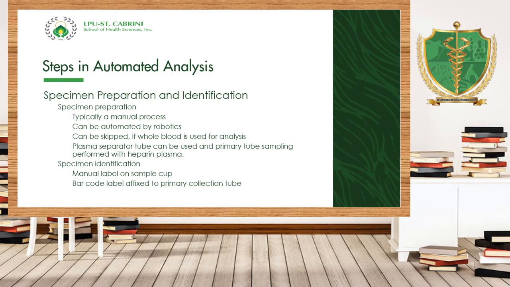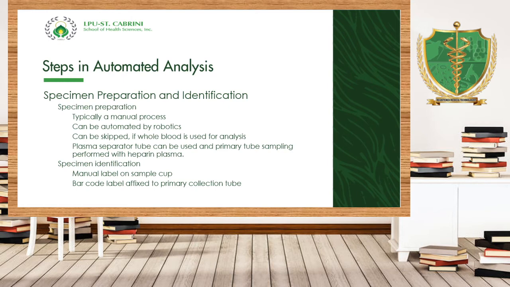Now, if you were able to centrifuge samples using the SST, after the centrifugation, the gel that is located at the bottom of the container will be found in the middle of the serum and the red cell. And the principle of that is the gel blocks the passage of red cells, so that the serum will be isolated or separated from the red cell.